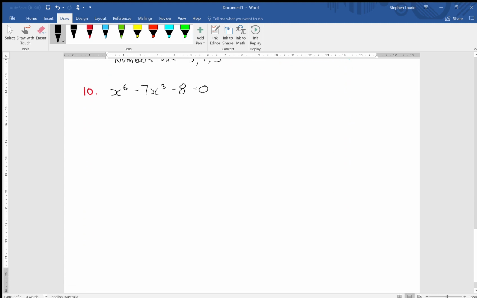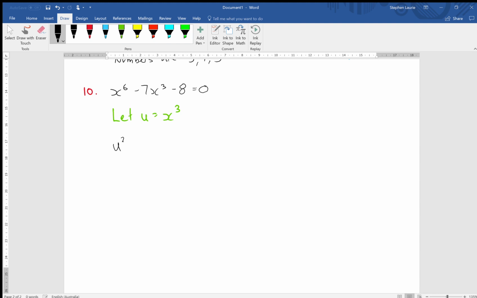Alright, this is what we last did in the topic, which is equations that can be reduced to a quadratic. But we need to choose an appropriate substitution. So in this case, we take x cubed and replace it with a letter, say u. So what does it look like if we substitute x cubed out for u?